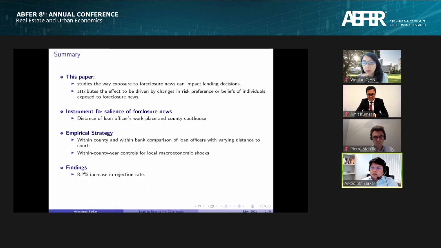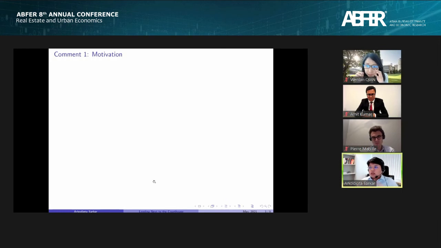Now let me lay down my comments. My first comment is on the broad motivation of the paper. To me, the motivation of the paper was twofold. The first is about identifying whether individuals' exposure to certain news or events can affect their decision making in a lending scenario.